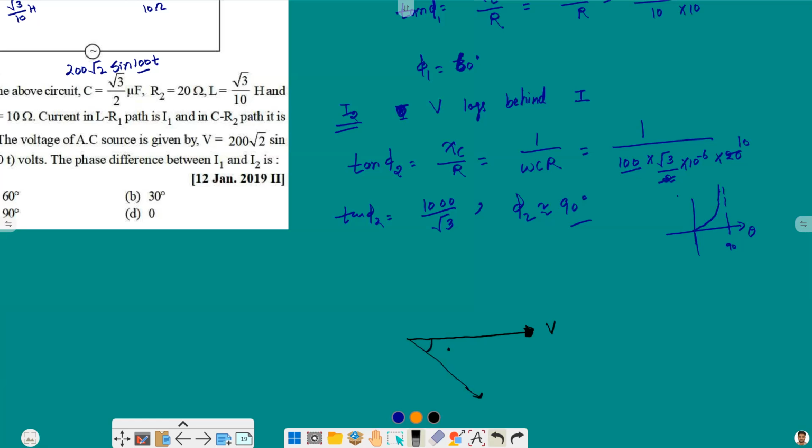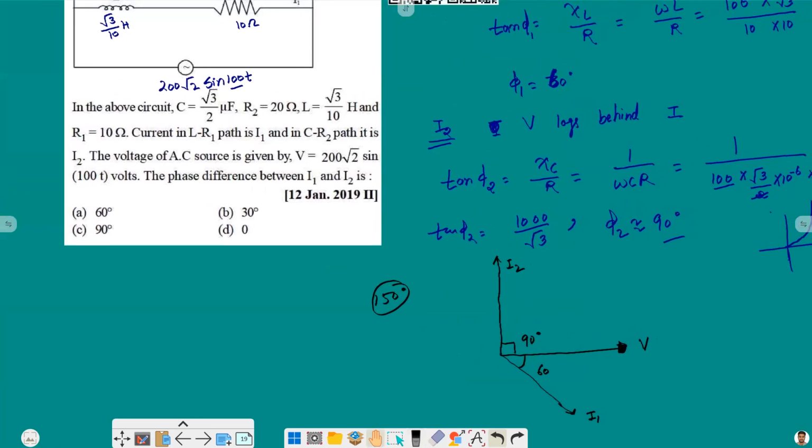This angle is 60 degree and this is I1. Then I2 is at 90 degree and it is ahead of voltage. So here we will get I2 and it will be ahead of potential by 90 degree. So the angle between I1 and I2 is 150 degree.